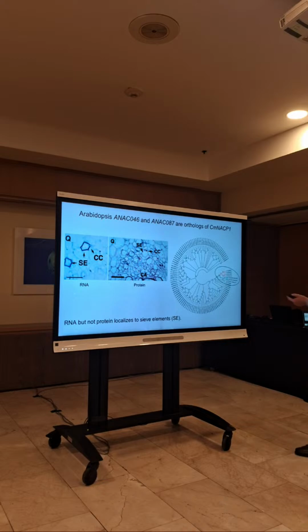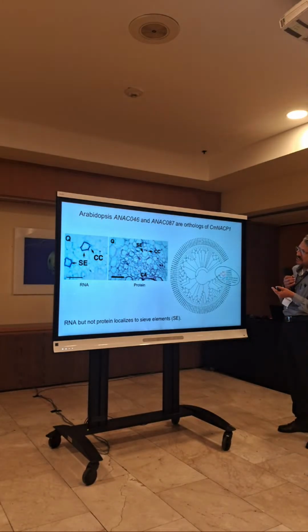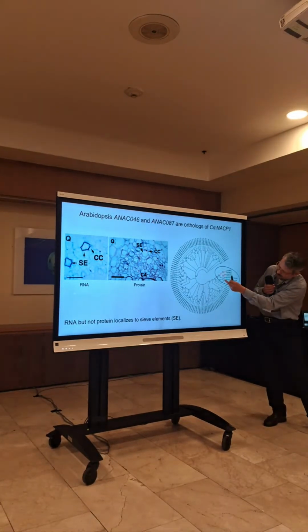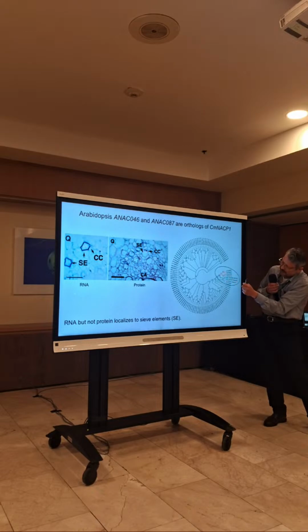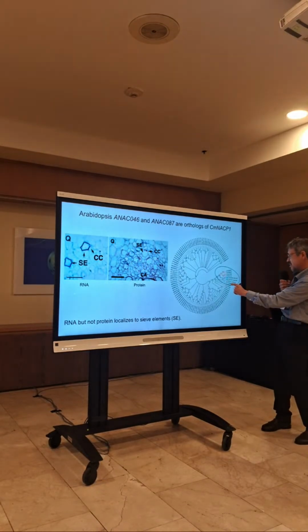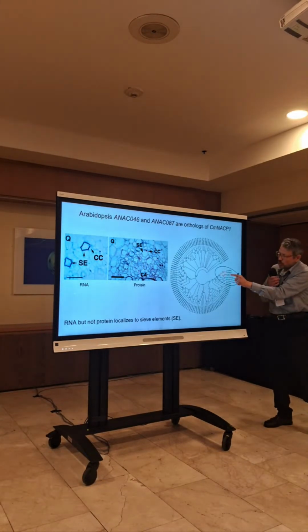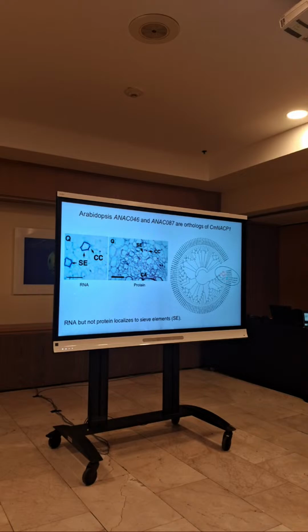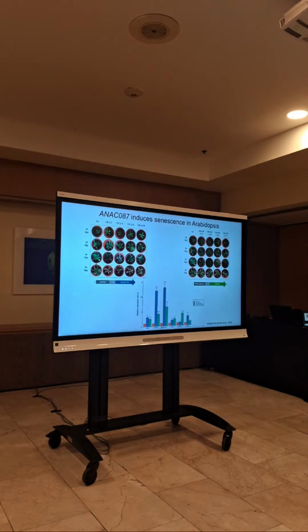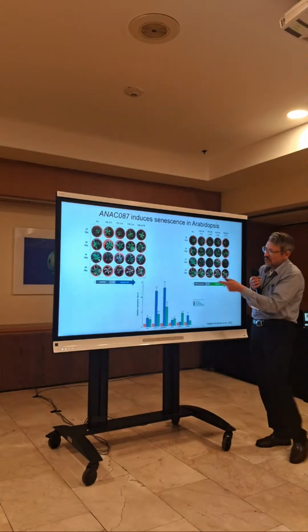This RNA is a member of a very large gene family, which includes several gene members in Arabidopsis. Here is a clade which groups with CmNAC1, which is here. We analyzed these homologs in Arabidopsis, and we found that when they are overexpressed, they induce senescence, as you can see here.